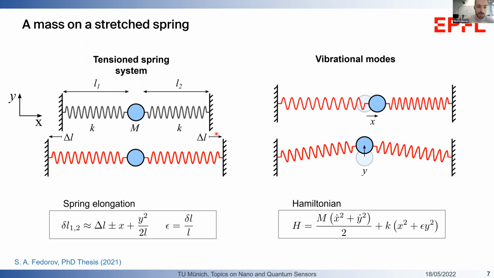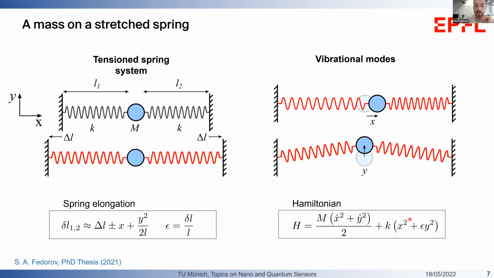Then we want to study the vibrational properties of the system, and we can write a Hamiltonian for the mechanical oscillations, where if we diagonalize the Hamiltonian, we see that we'll have one mode polarized along X, so one longitudinal mode, and another mode polarized along Y, a transverse mode which displaces the springs in the transverse direction.